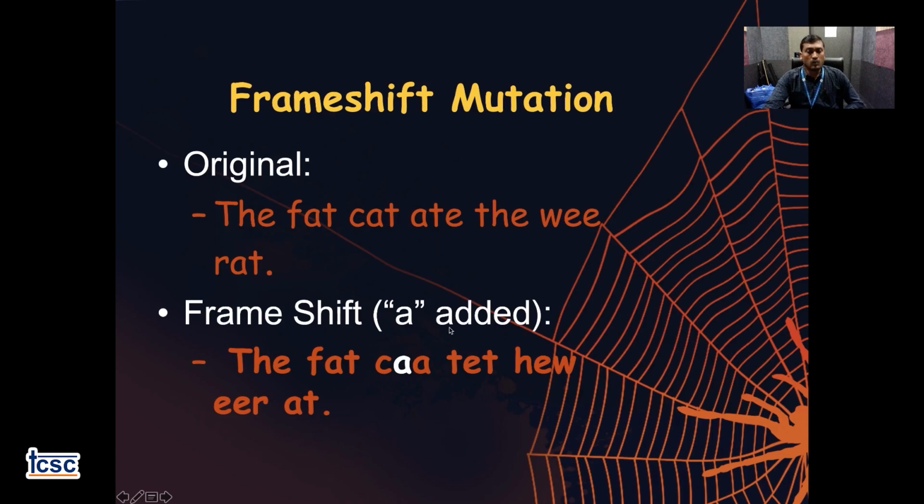So the entire frame will shift, and that's why it is called a frame shift mutation, due to addition or deletion of nucleotides. It doesn't matter whether a single nucleotide or four nucleotides get added. But if a triple nucleotide gets added, the frame does not shift. These are examples of frame shift mutation.